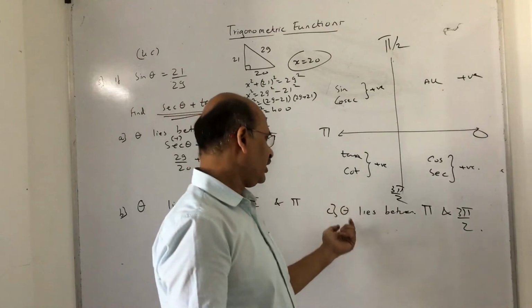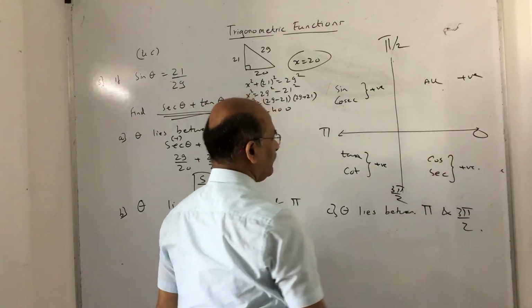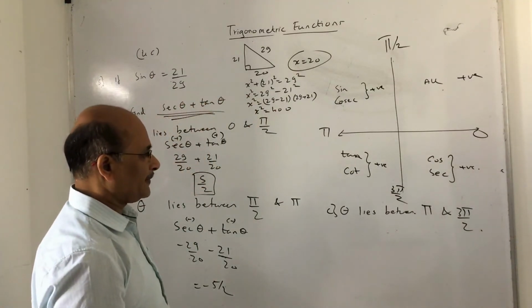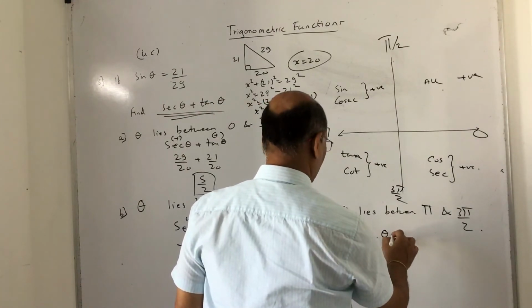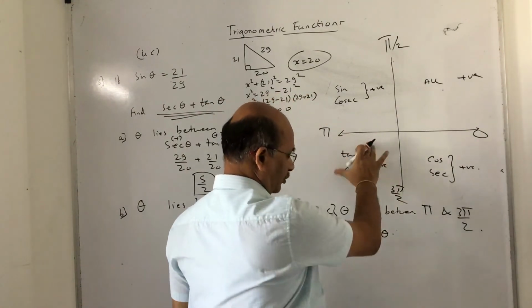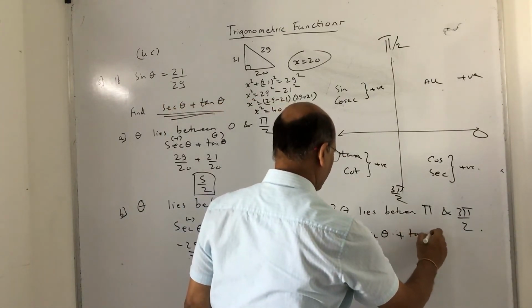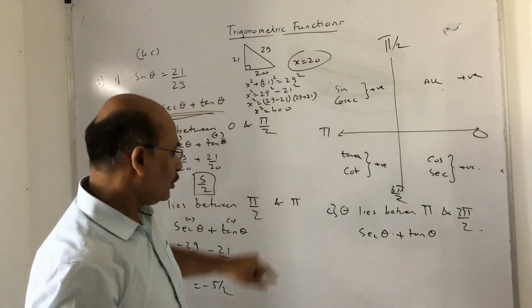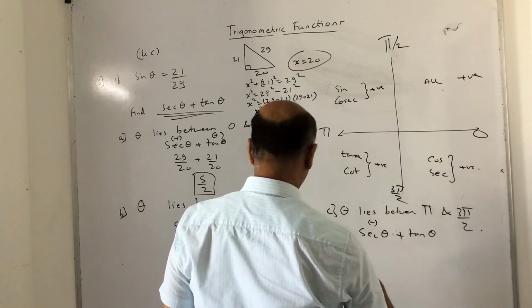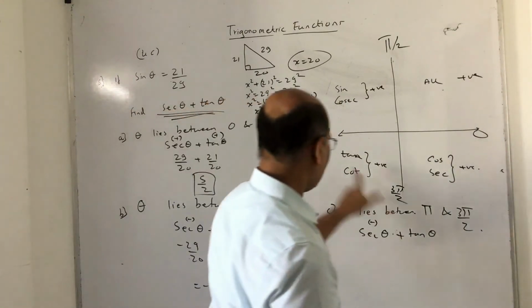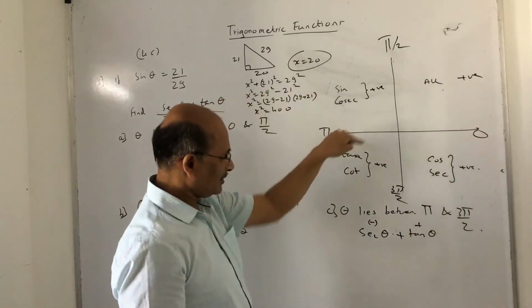So let's take the next question. Theta lies between pi and 3 pi by 2. Third quadrant, we are talking about. So sec theta plus tan theta, the expression remains the same, right? In the third quadrant, sec theta is negative, and tan theta is positive, because the angle lies in this quadrant.